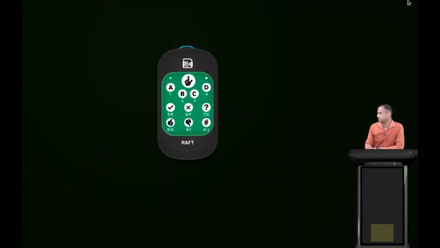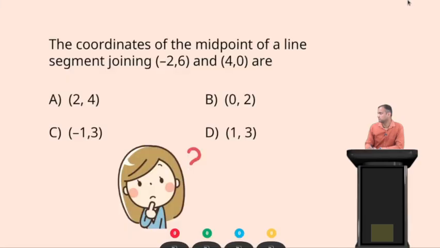Okay, again question time. The coordinates of the midpoint of a line segment joining -2, 6 and 4, 0 are, and your time starts now. Give the answer fast.